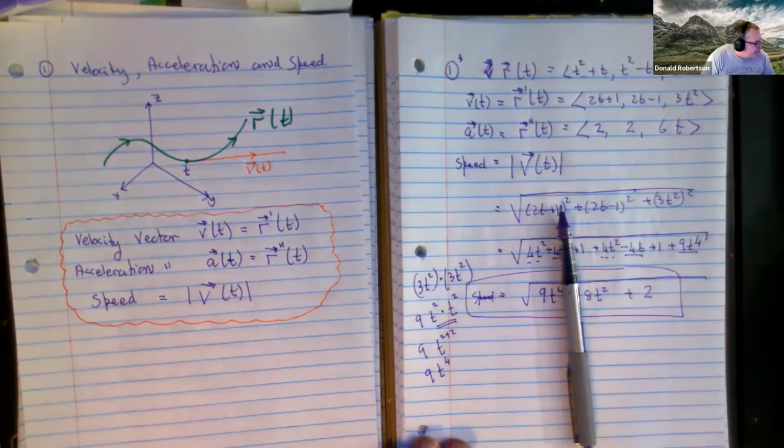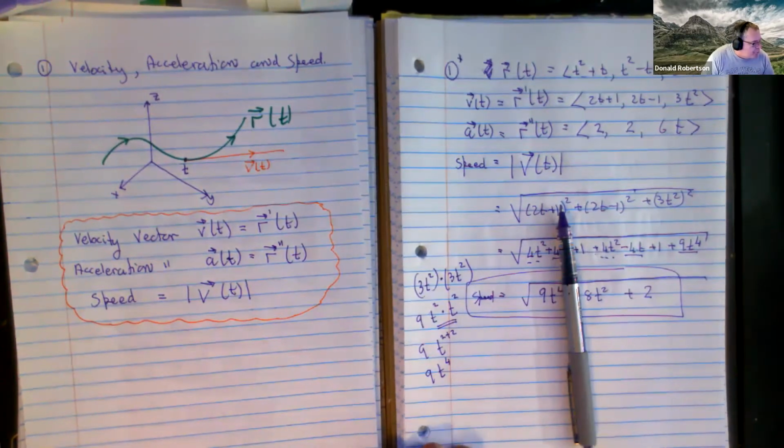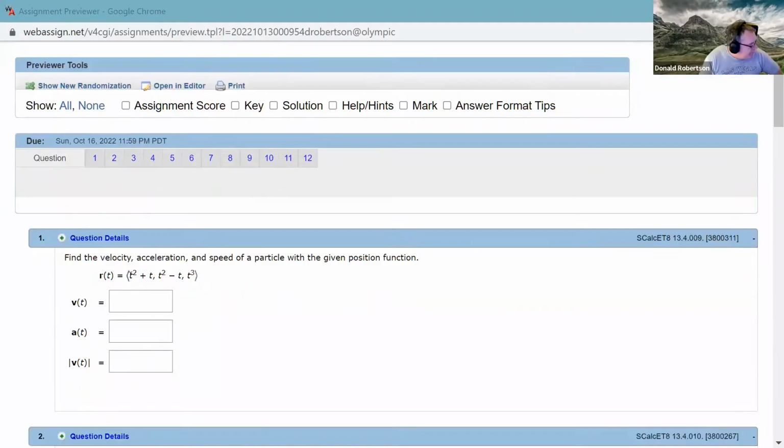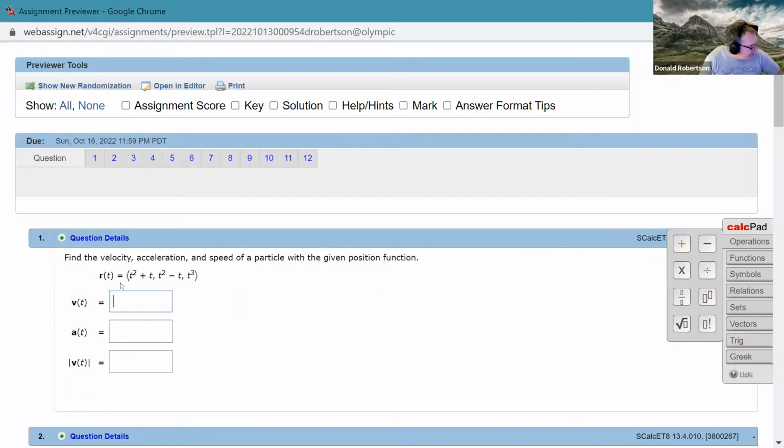Now, I'm going to show you what you might have to do when you enter your answers in WebAssign. And this might lead on to something you were saying earlier, Calvin, about how you're right, but it wasn't taking it. You click on this guy.